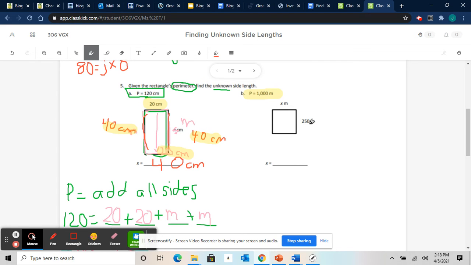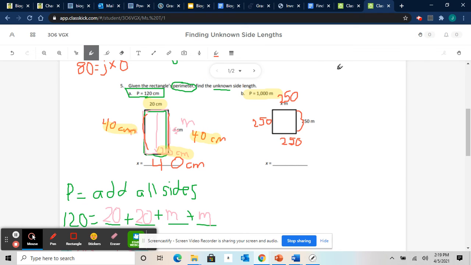Squares have all equal sides. So I don't even have to do anything with this problem. I can just say, well, if one side is 250, that means that all the sides have to be 250. Because I already know that squares have equal length. So if they gave me one side, I know all the sides.